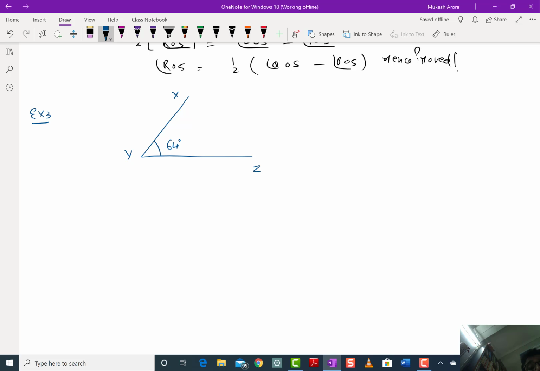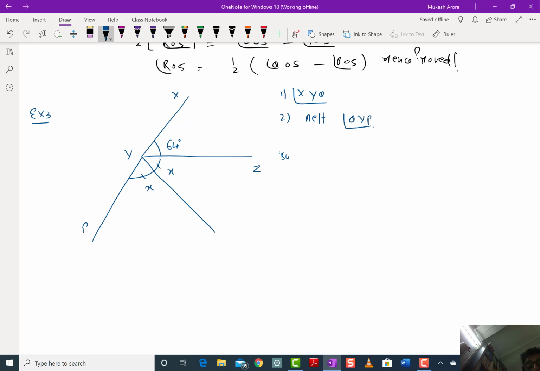XY is produced till a point P, and YQ bisects this. Bisect means both the angles are equal. We have to find angle XYQ, number 1. Then we have to find the reflex angle QYP.